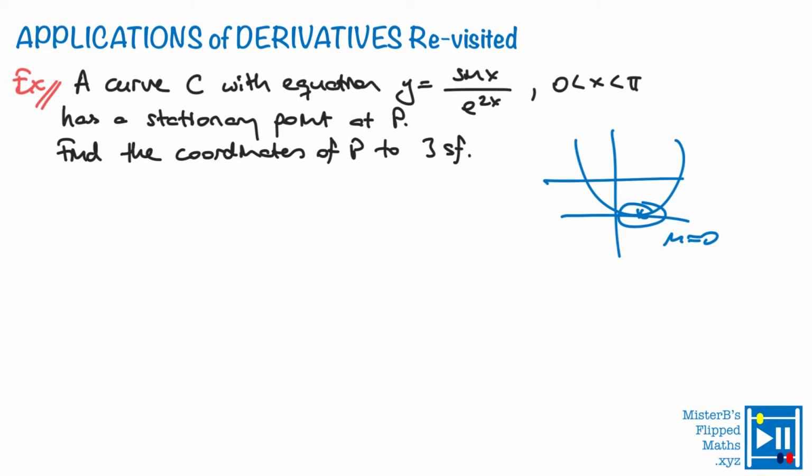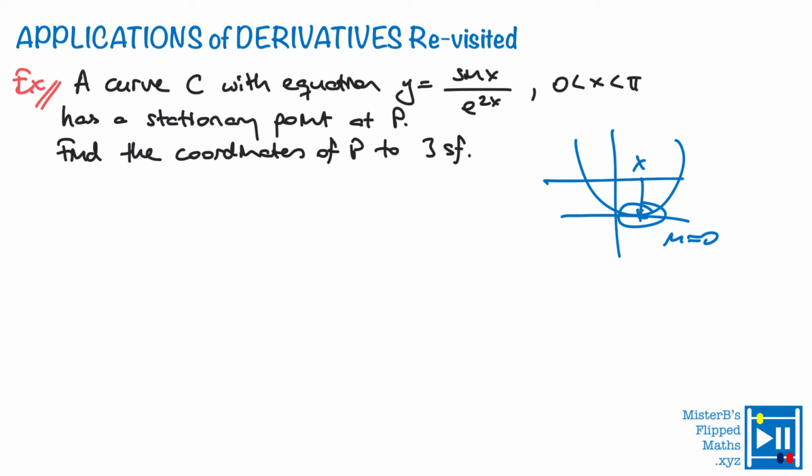So when we take the derivative of a function, we end up with a gradient function. So at any point x, if we substitute the value of any x value, we can find the gradient of the tangent at that point to the curve, right?